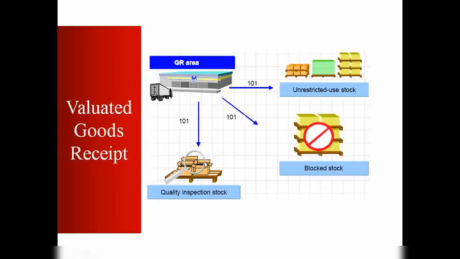And the third type is quality inspection. Quality inspection means whatever we received, first our quality department will check the quality of the stock, and then it will be used. That means in my company, we never use any newly received material without inspection by the quality department. So in that case, we can put the stock here as well.